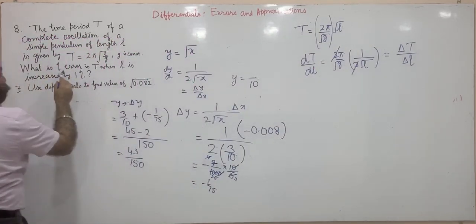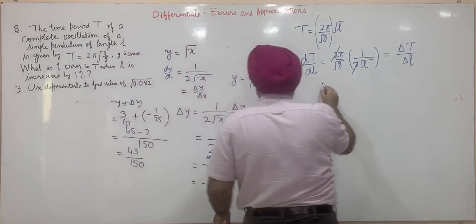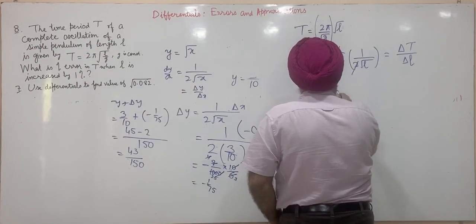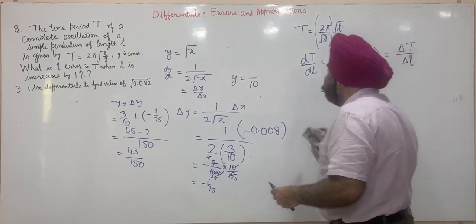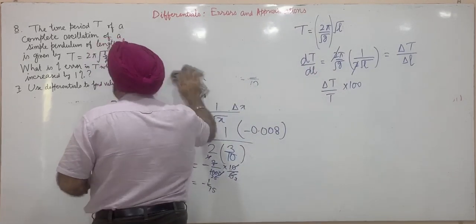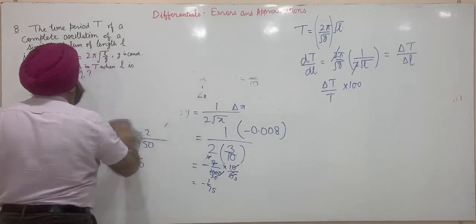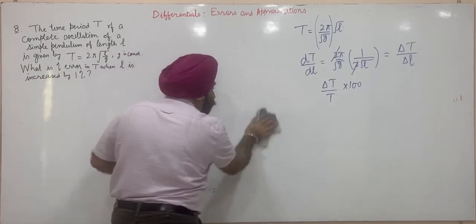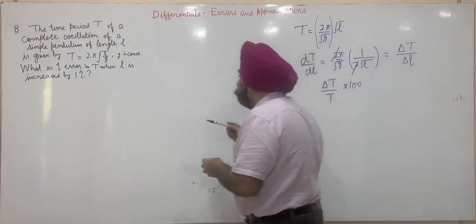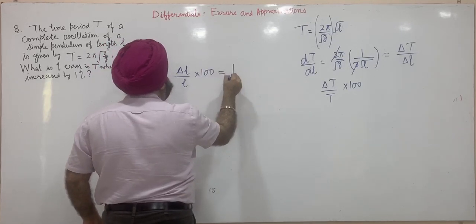We have to find the percentage error in t. That means we have to find delta t upon t into 100. And what is given? We are given that L increases by 1%. Percentage increase in L will be written as delta L upon L into 100, and this is 1.